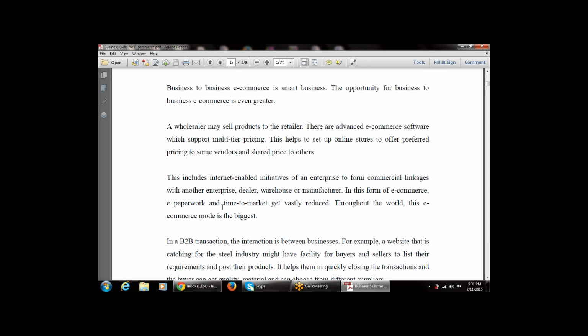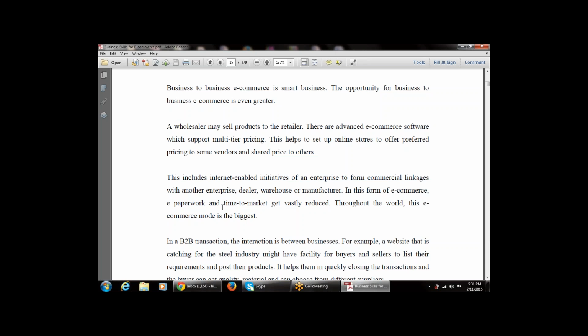Throughout the world, this e-commerce mode is the biggest one. It gives an opportunity for the business to grow, because every wholesaler and business partner deals with each other with the help of electronic media. So there is no paper wastage, no time delay, and no manual error. Everything is done in sequence, in a proper manner, with the help of electronic media, that is e-commerce.